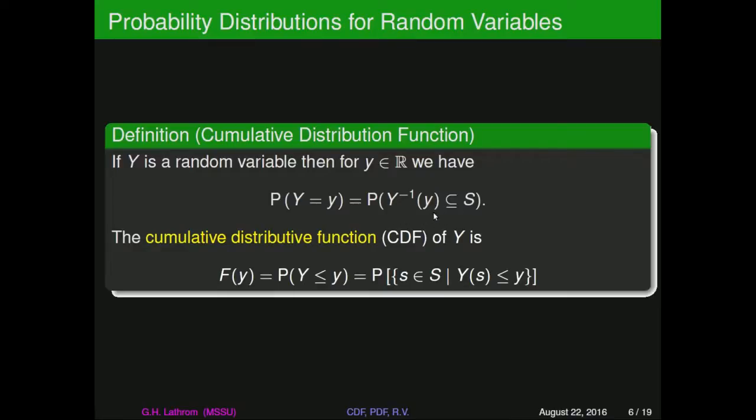But for now, just remember that our preimages are going to be subsets of the sample space that we can take the probability of. The cumulative distribution function is going to be this function capital F of little y, which is the probability that capital Y is less than or equal to little y. Remember what this is: it is the preimage of an interval from negative infinity all the way up to y, including y.